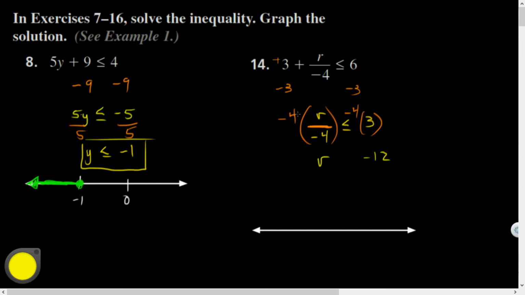Well, I multiplied both sides by a negative 4, so that means I'm going to have to flip the inequality, right? No, it's whatever I'm doing to both sides. If that's negative, that's when I flip it. So let's see, negative 12 is to the left of 0, and so we'd have a closed circle shaded to the right.